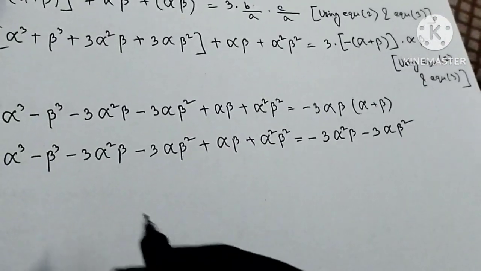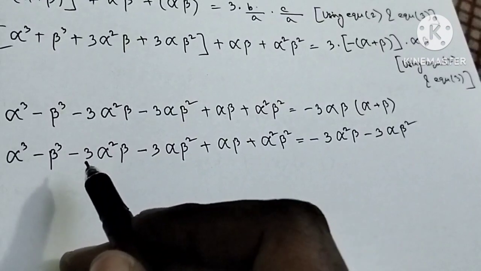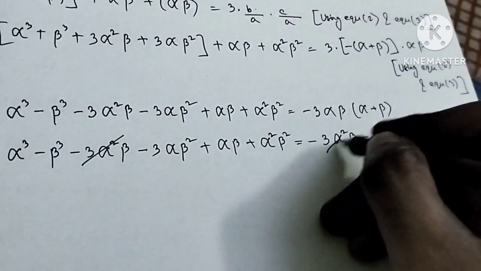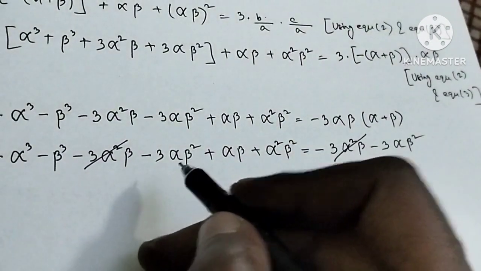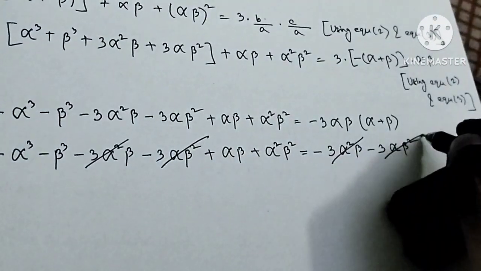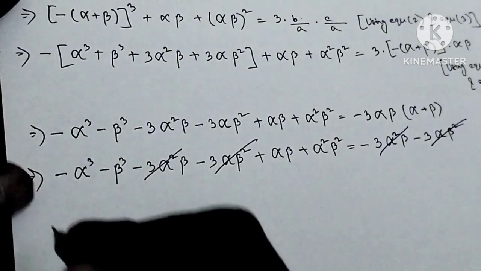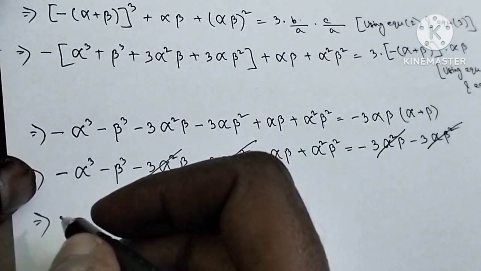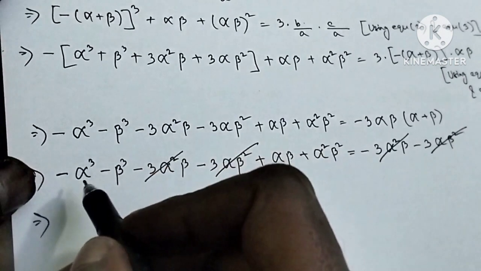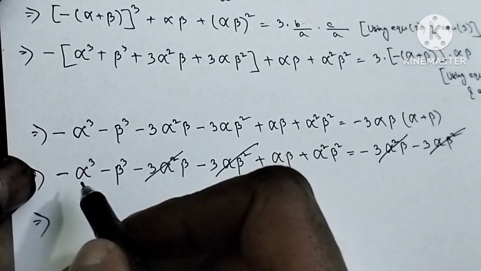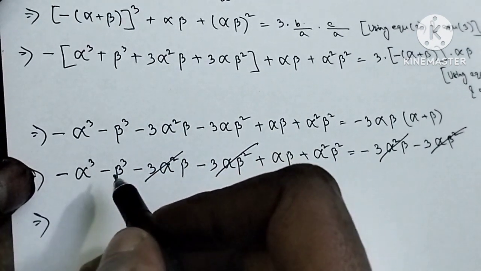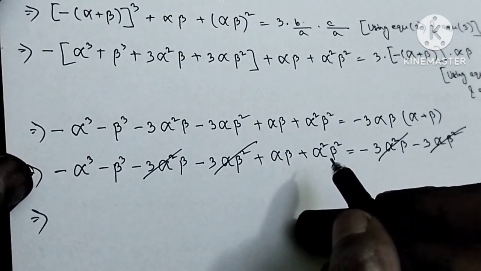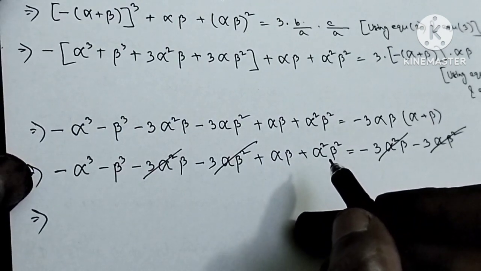Minus 3 alpha square beta is on the left side and the right side, so these cancel each other, and so does minus 3 alpha beta square. Therefore minus alpha cube minus beta cube plus alpha beta plus alpha square beta square.